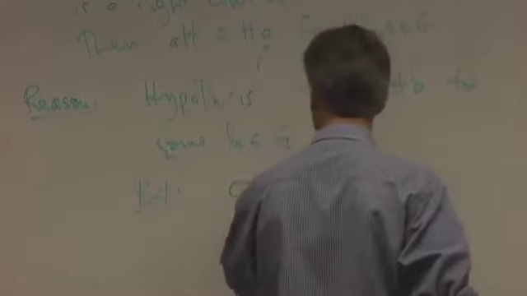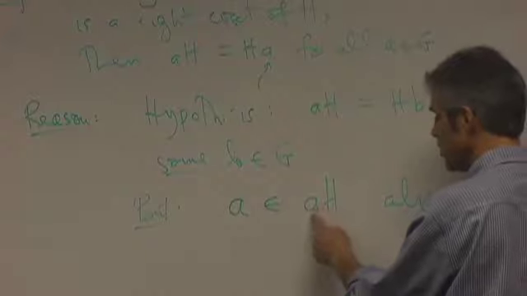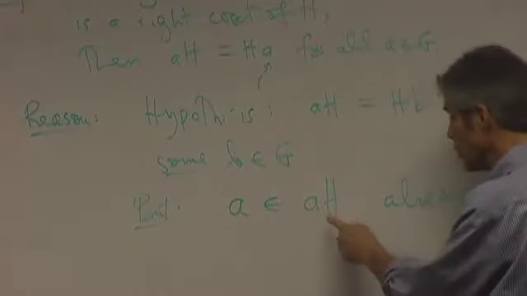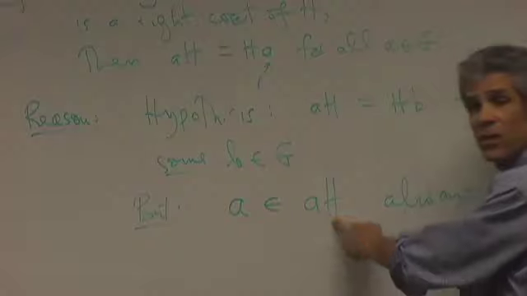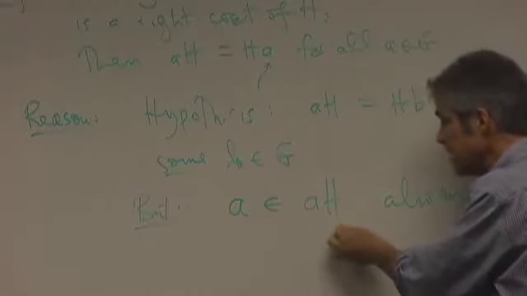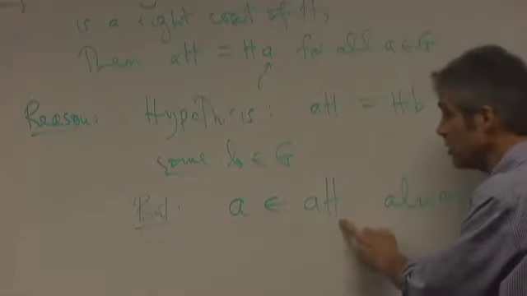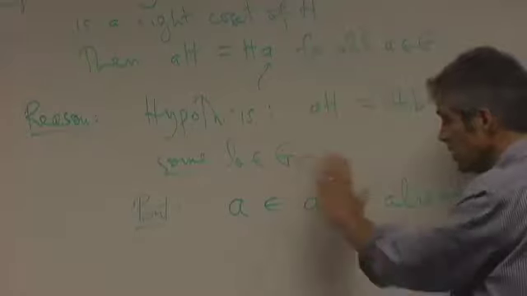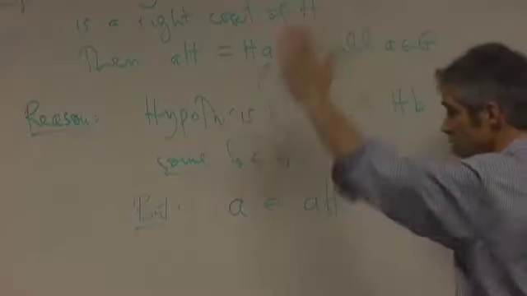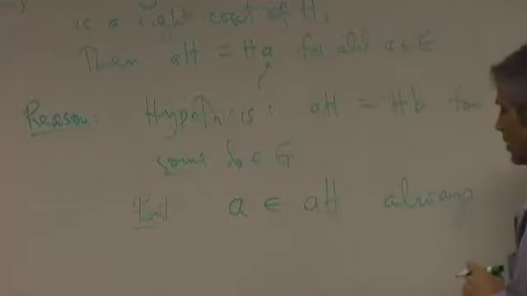It's always the case that the specific element A is in AH, always. If you take a specific element in the group and you look at the coset that it generates, I don't care what subgroup you start with, any subgroup always contains the identity element. So you're always at least looking at AE. In other words, you're always generating the specific element A within its coset. So this is completely independent of this set of hypotheses. This is always true for any subgroup and any element of the group.